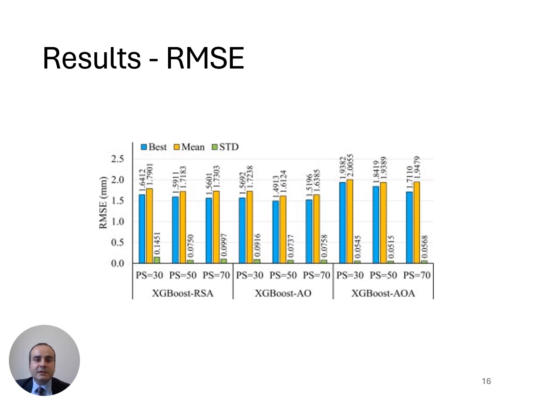It can be seen that generally the XGBoost Aquila optimizer algorithm outperforms the other two algorithms in terms of mean and best RMSEs, with the XGBoost reptile search algorithm ranking second.